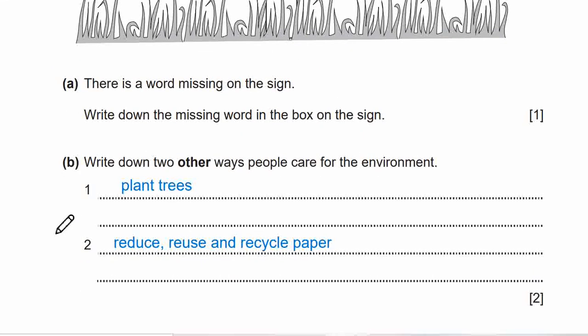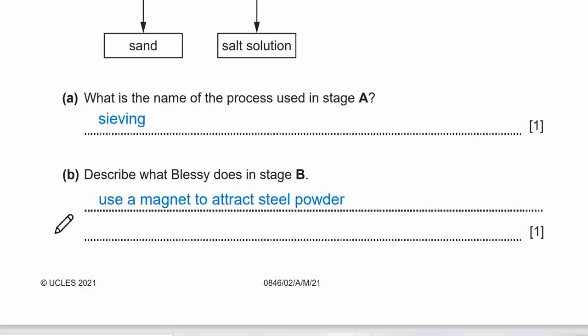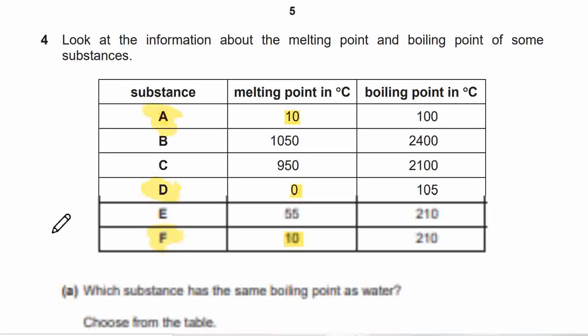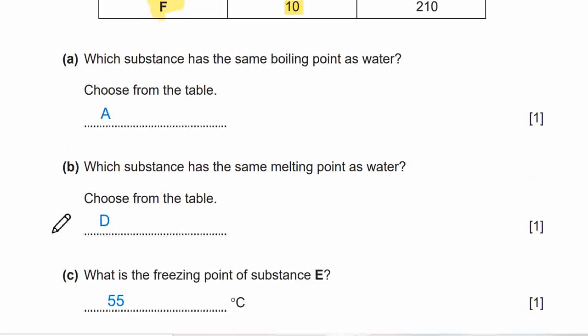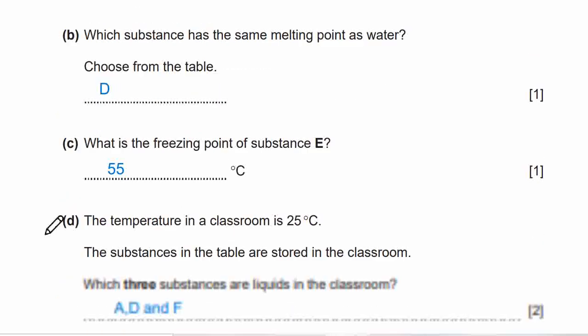This is now the mark scheme for number 2B. And then next is number 3, A and B. Next we move to number 4, A and B and C. And 4D.